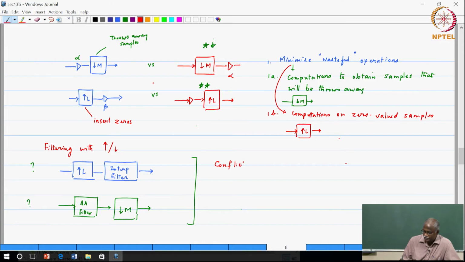The answer is yes, there is a conflict, there is nothing I can do, we said. So, then how do we address this? This is where the beauty of multi-rate signal processing comes in. We will look at how to address this fundamental issue. That is the question that we answer in today's lecture.